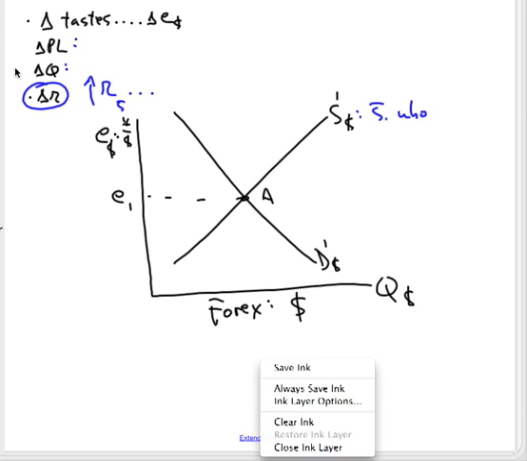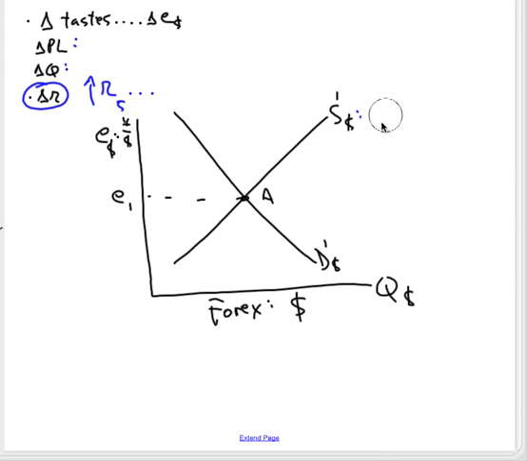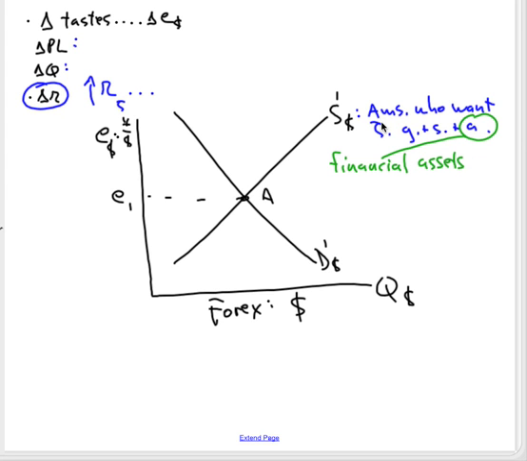Let's think about the supply of dollars. It depends on Americans who want Japanese goods and services and assets. And here we're going to concentrate on financial assets, such as Japanese bonds.